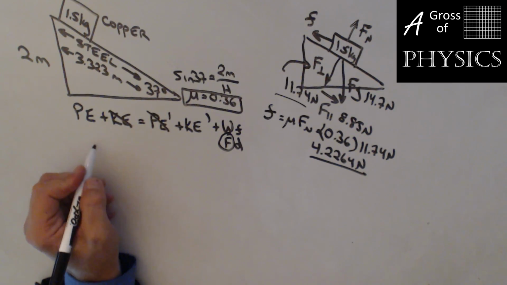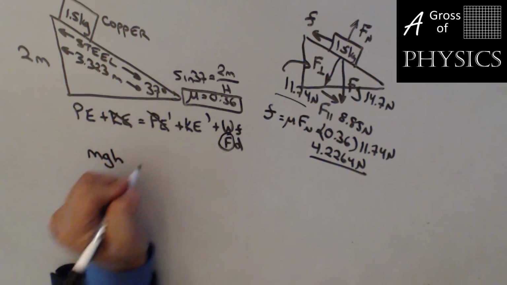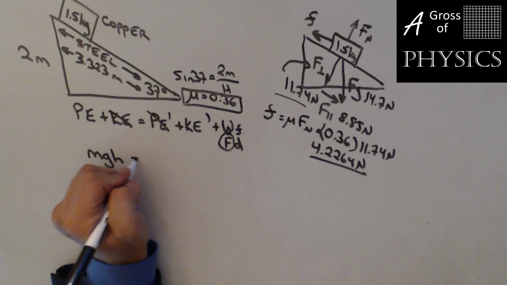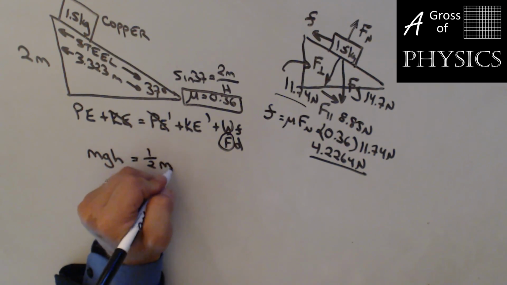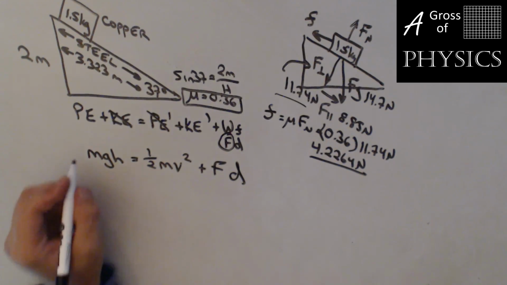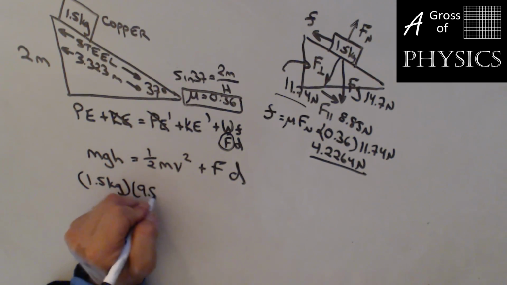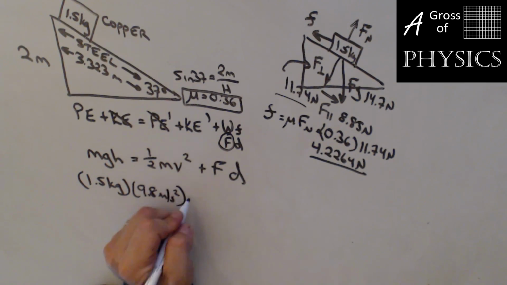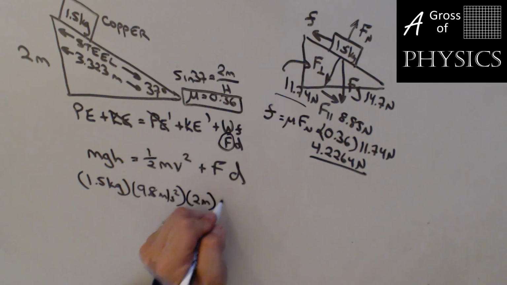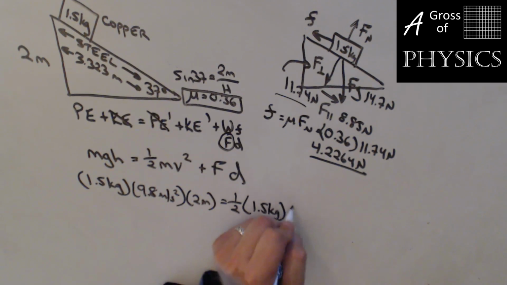Now, at this point, what we're going to do is go back to our original equation. We have mgh for the potential at the top equals 1/2 mv squared plus fd. 1.5, 9.8 times 2 equals 1/2 1.5 kilograms.